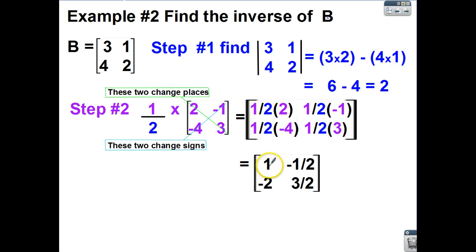You'd get a 1. And 1/2 times -1 is -1/2, 1/2 times -4 is -2, 1/2 times 3, I'll just write that as 3 over 2. This is the inverse of B. And if we were to take the time to multiply this matrix times this matrix here, and I'm not going to do it right now, but we would get the identity matrix. Okay?